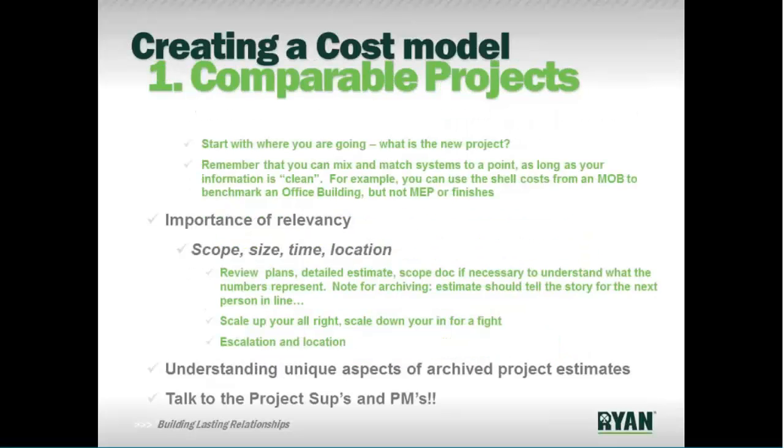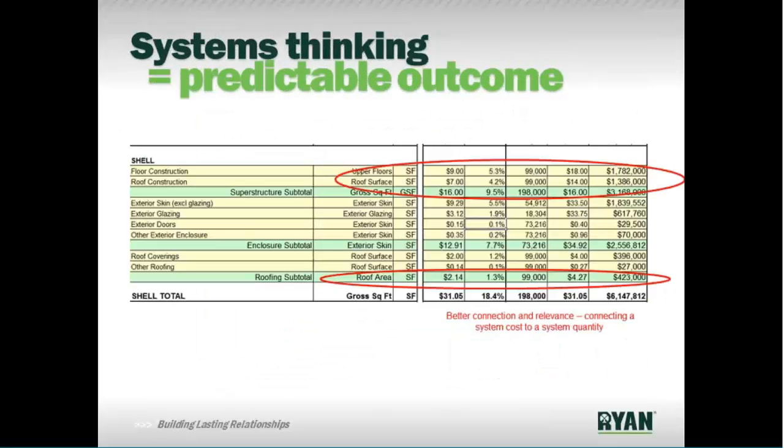And so what that means, if I go back up to our example here too, level 1 would be the shell total. Level 2 would be the green lines here. So in this case, it would be the enclosure subtotal. And then level 3 would be the further breakdown of the systems.